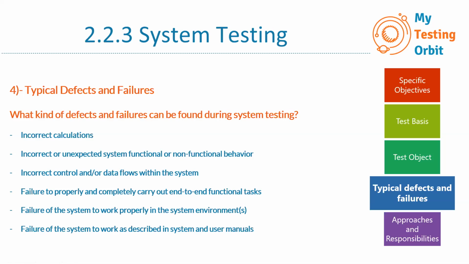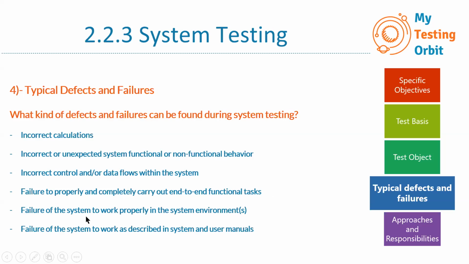But let's say that everything in the shopping app is working perfectly fine functionality wise, but we don't receive an email, which is not affecting the functionality of the app because the functionality is working. We are able to submit our order. But the email is a crucial part as well as an end-to-end functional task. So that will be an example of this kind of defect.